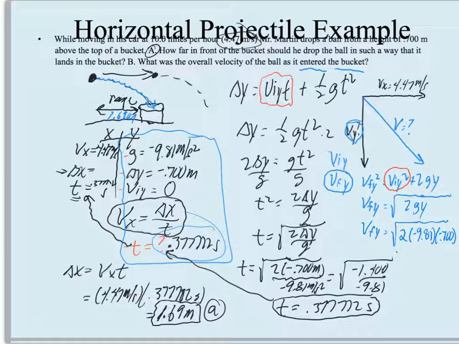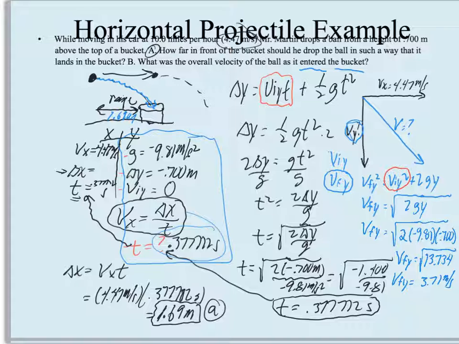And VFY equals the square root of 13.734. And VFY is 3.7 meters per second. Now you have to be smarter than your calculator here, because we know this is a downward motion.